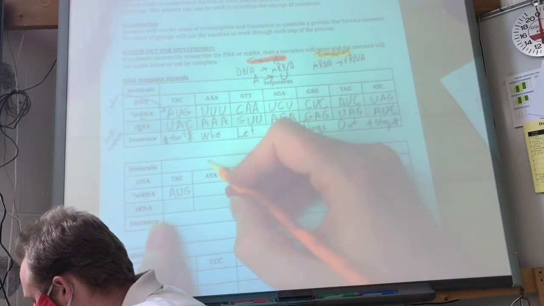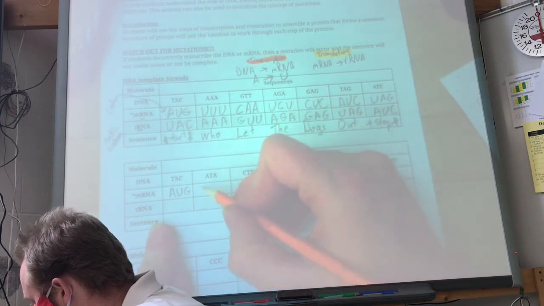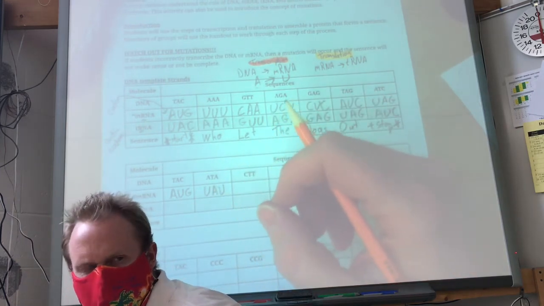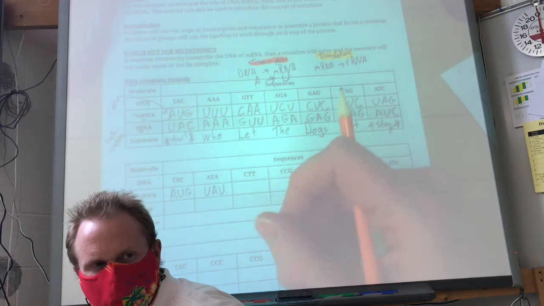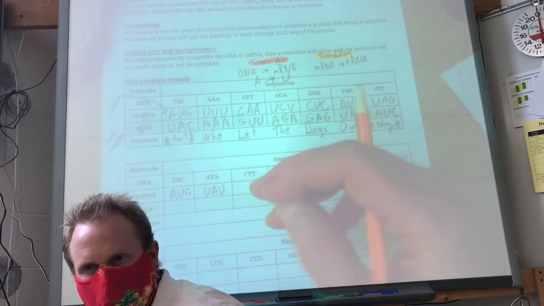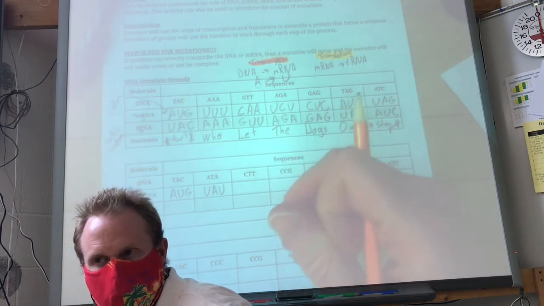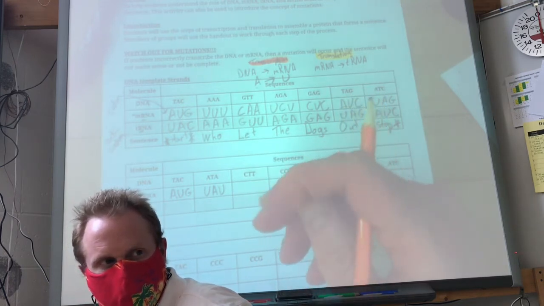What's the complement of ATA? UAU. Now I'm hoping silence doesn't mean total confusion. Is anyone unclear about DNA to mRNA?